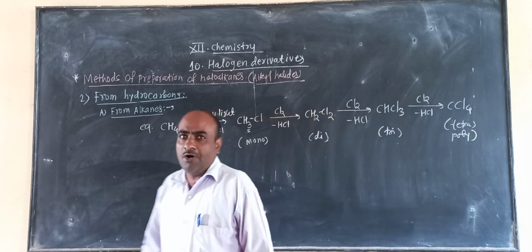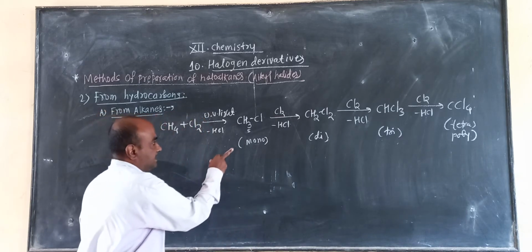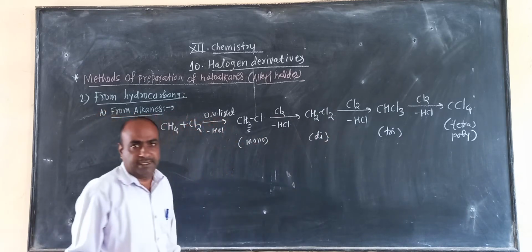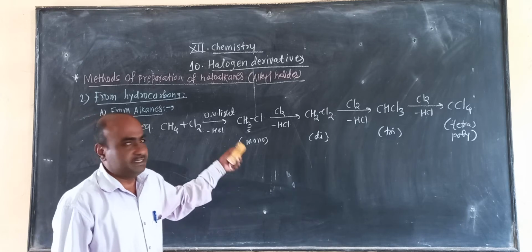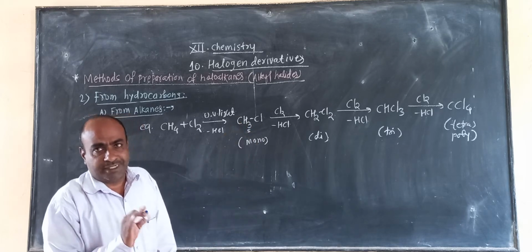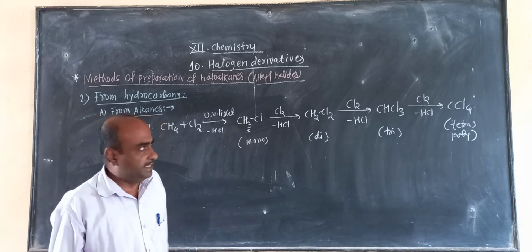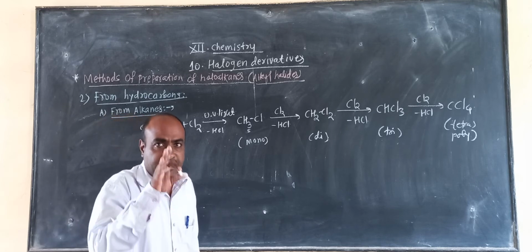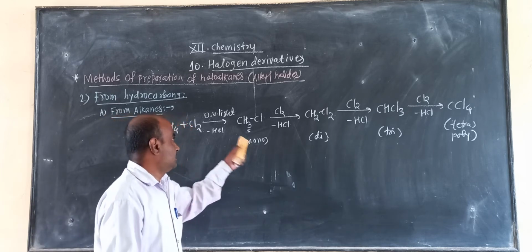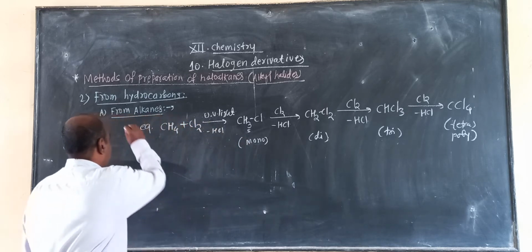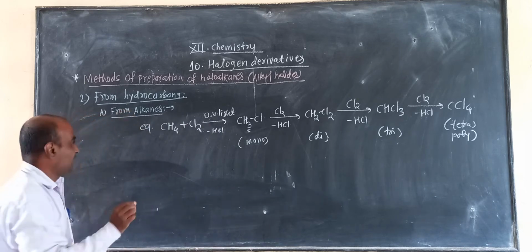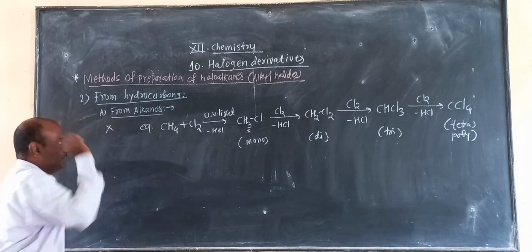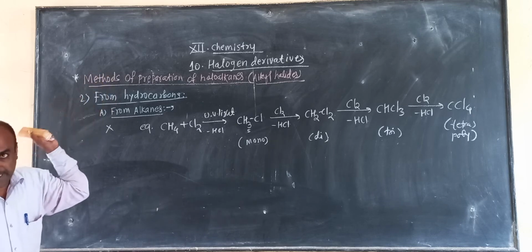So all these are formed in the same reaction mixture, and hence the mixture is difficult to separate. Hence this direct halogenation of alkane is not a suitable method for the preparation of the alkyl halides.